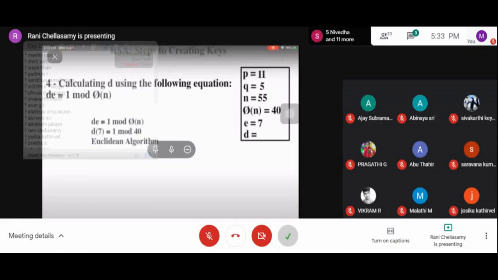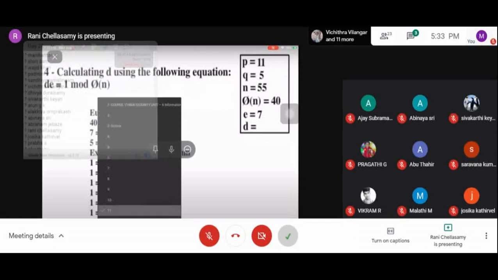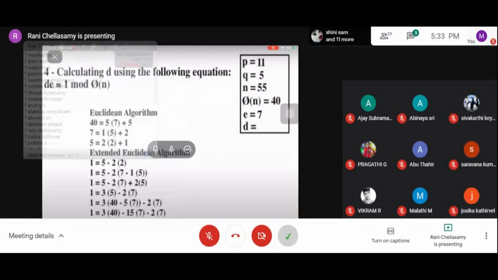So we put 40 on one side of the equation. 40 should be on the left side. Then on the right side you have to find out how many times 7 goes into 40. So let's see.